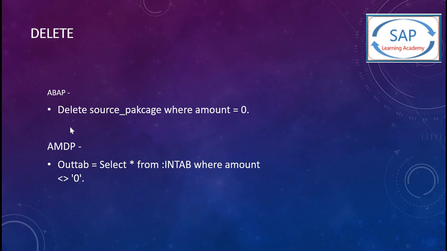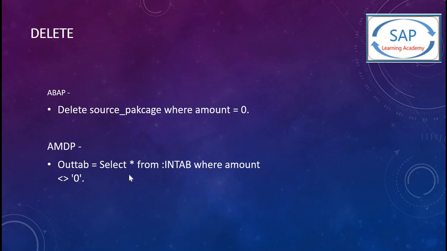In the case of delete, we can write the delete statement directly, like delete source package where amount equal to 0. Whereas to accomplish the same requirement in AMDP, we have to write it like out tab equal to select star from table name where amount not equal to 0.